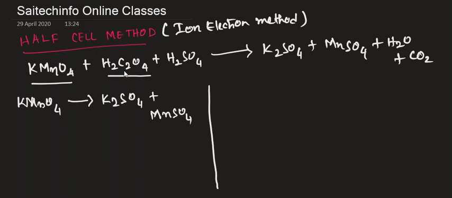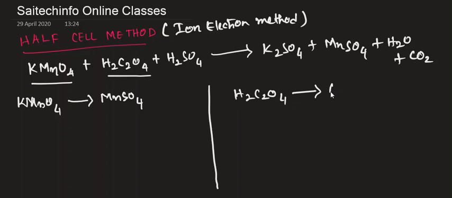We had to first of all consider only the manganese, because manganese undergoes reduction. So let us focus on manganese based compound. And here H2C2O4 becomes CO2.